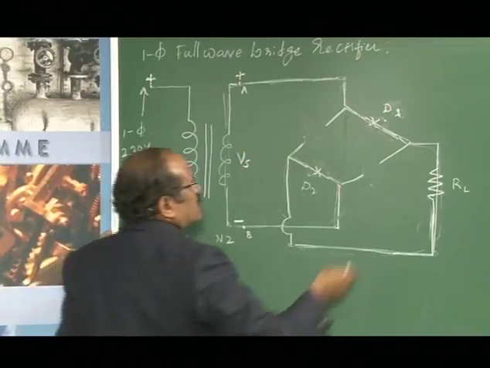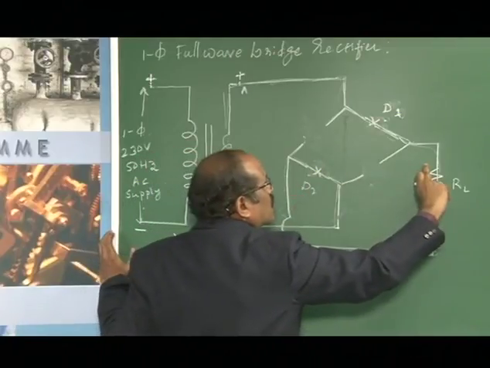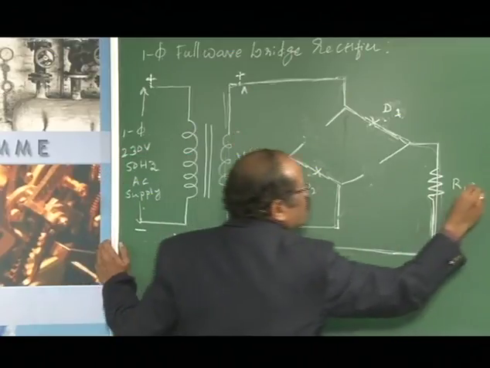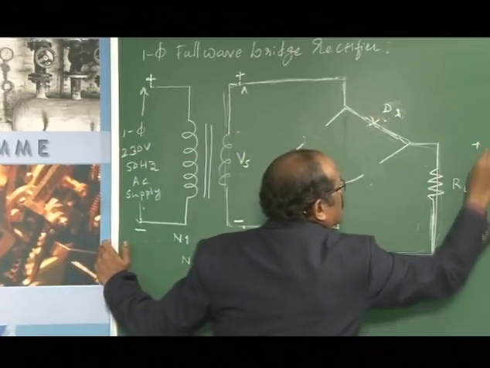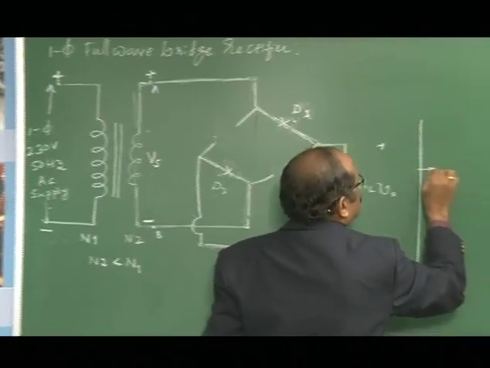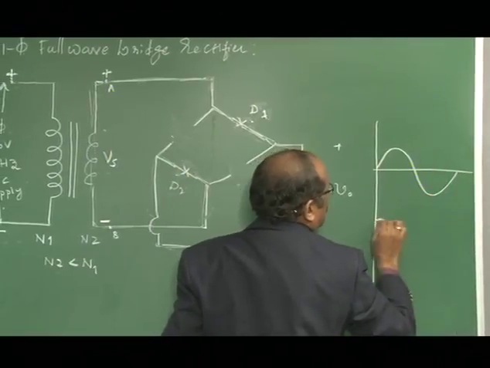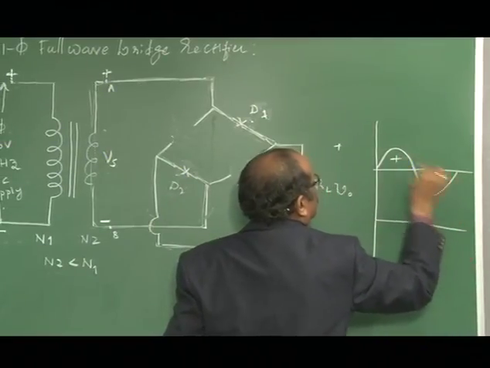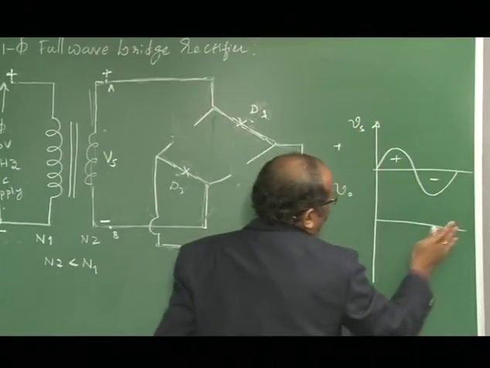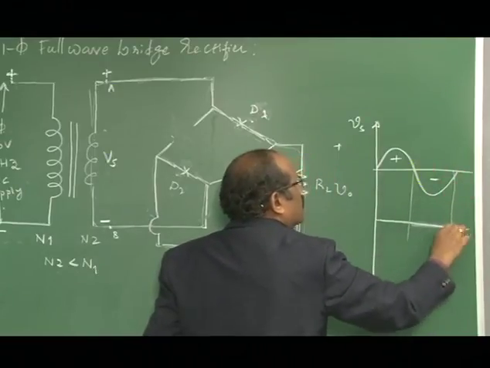Now when diodes D1 and D2 conduct, the load terminal is connected to the source terminal. Therefore, the output follows the input here. If I consider a sinusoidal signal, this is the source voltage that is applied across the transformer.